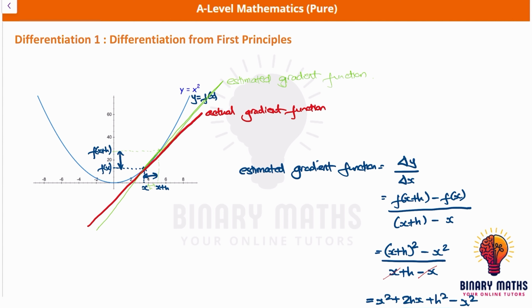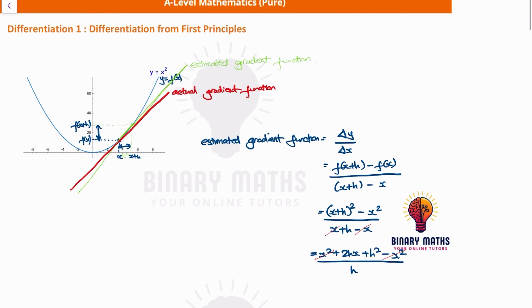Now you can see again the x squared and the negative x squared will cancel out. So all you're left with is 2hx plus h squared over h. And you can see that there's a factor of h that can be cancelled out in the numerator. So you end up with 2x plus h.